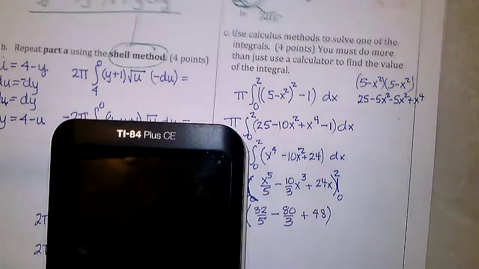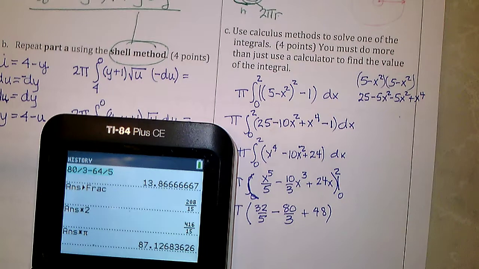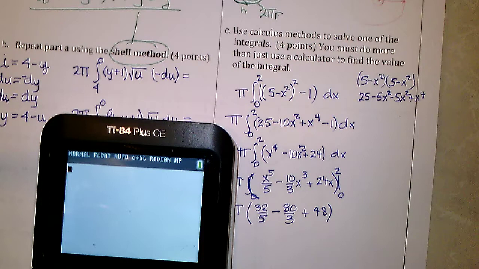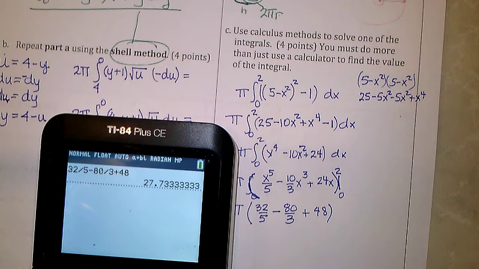Now let's see what those fractions come out to be. So I have 32 divided by 5 minus 80 divided by 3 plus 48. Math, enter, enter. 416 over 5.